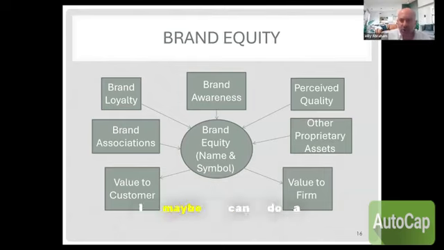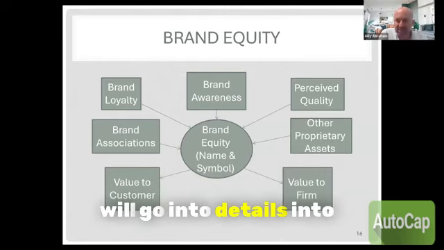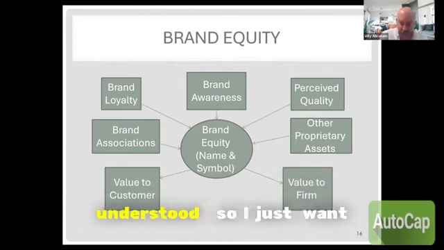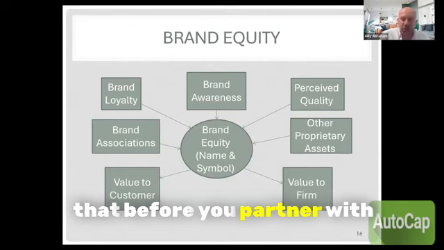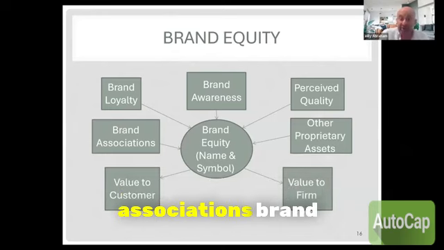Okay, so maybe we can do a short Q&A, and then I will go into details into things that maybe were not understood. So I just want to make sure that you got the main idea, that before you partner with anybody, you should check the brand equity of that potential partner. You should check whether he or she has brand loyalty, positive brand associations, brand awareness.